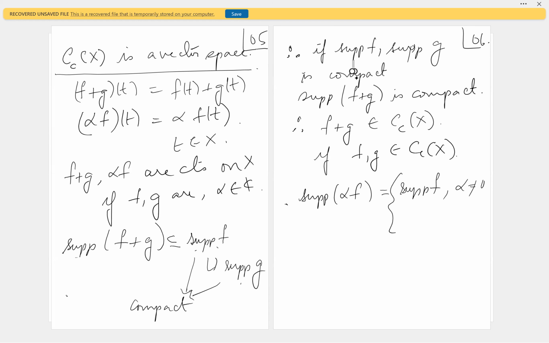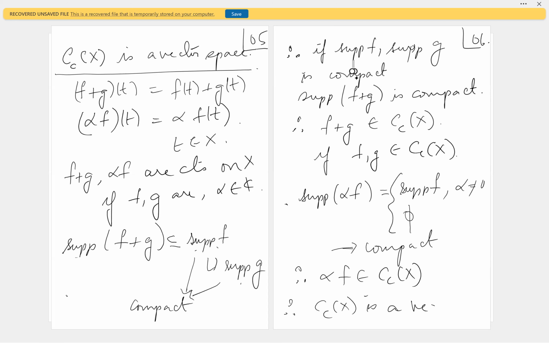Otherwise, if alpha is 0, alpha f is 0, so the support will be empty. So it's compact. Therefore, alpha f belongs to C_c(X). So therefore, C_c(X) is a vector space.